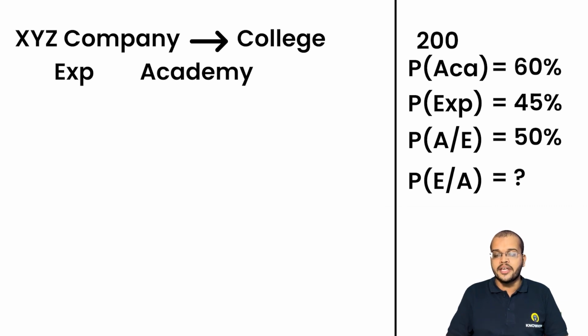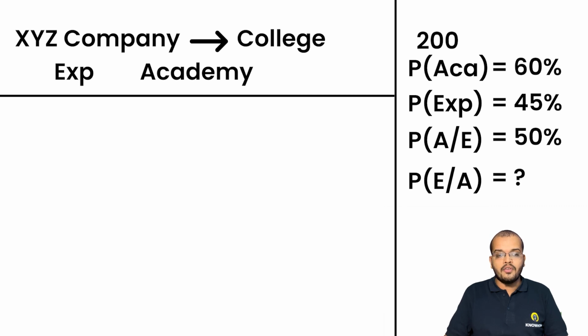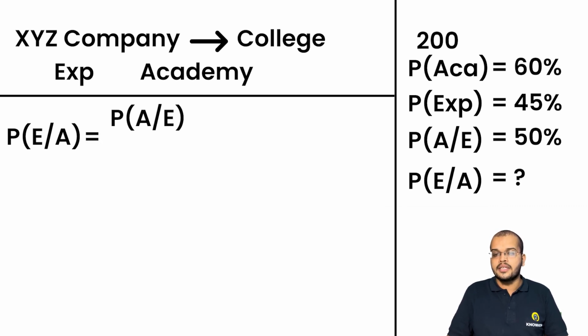So what is this Bayes rule? Let us consider the people with experience given academics, that's what we would like to find out. Am I right? So the probability of academics given experience into the probability of experience, divided by the probability of academics.